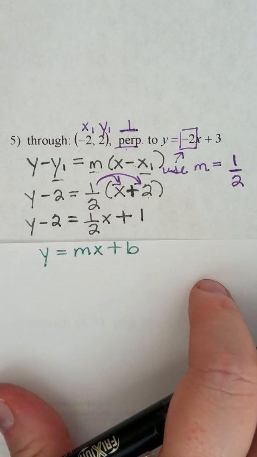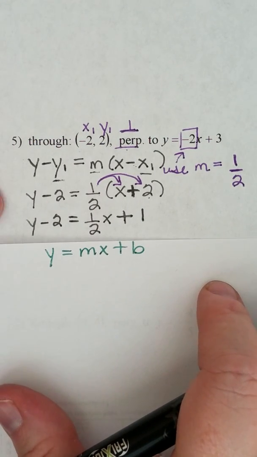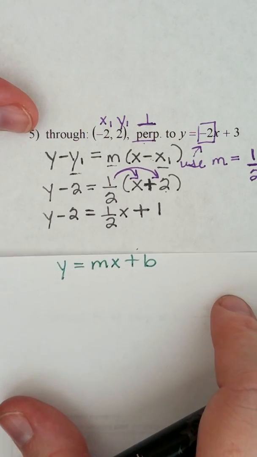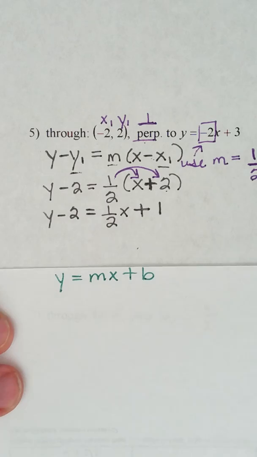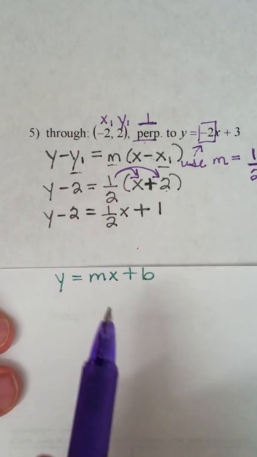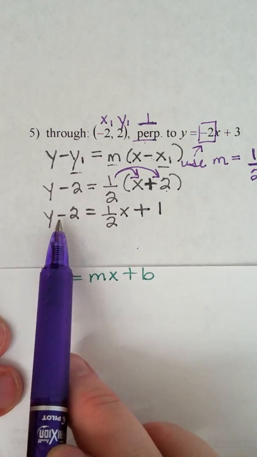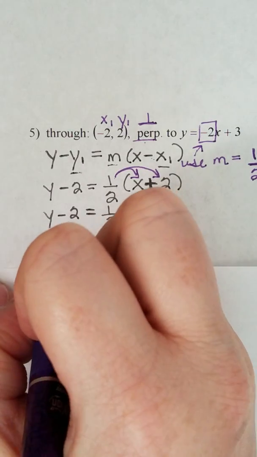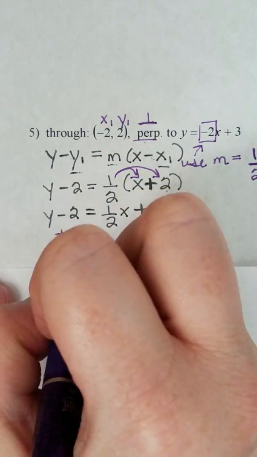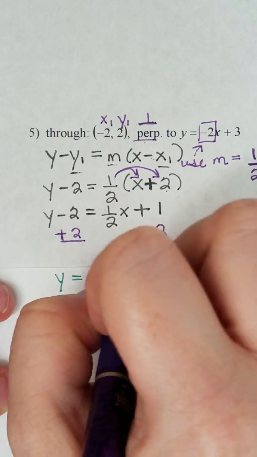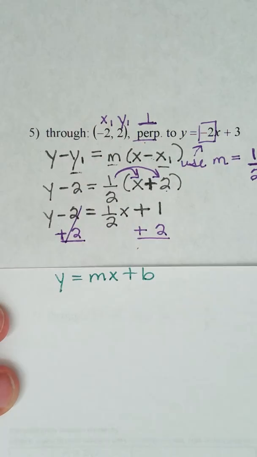So I'm closer. The right side's looking better, but I still should not have anything besides y on this side. So I'm going to take it a step further, and I'm going to get rid of the minus 2 on this side. Now to undo subtraction, we know that we're going to do the inverse, which is addition. Over here, these guys add up to 0.